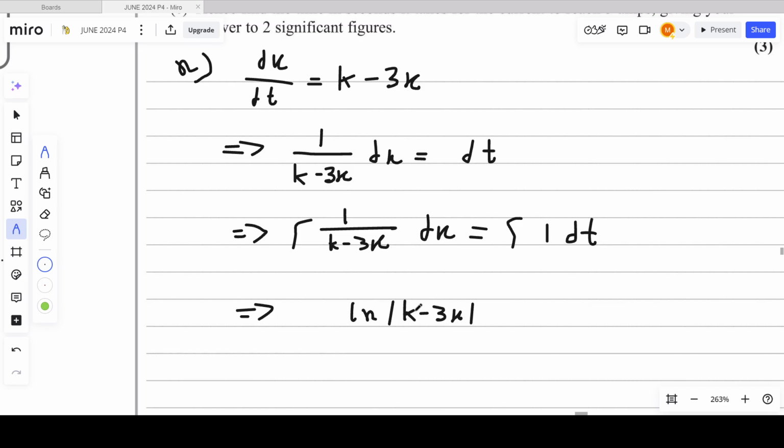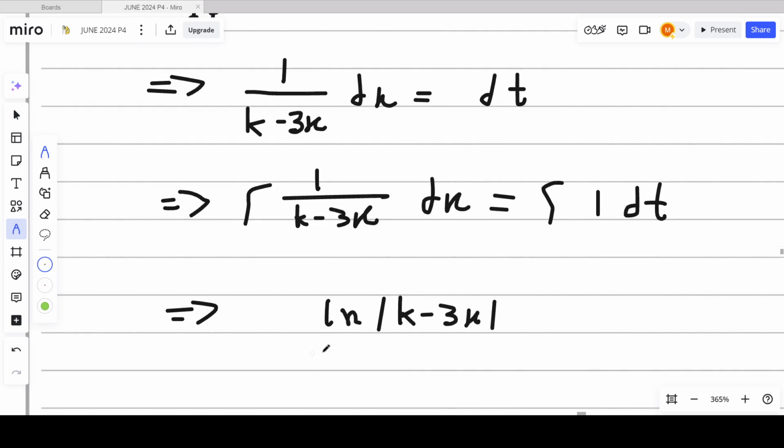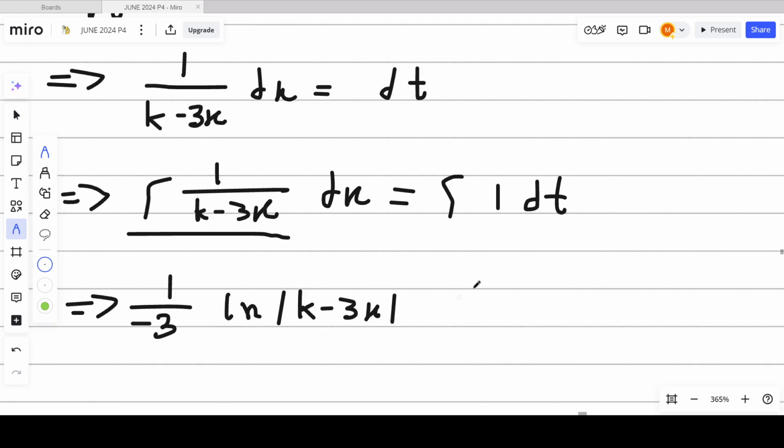Now it is the reverse chain rule. After integrating, we need to differentiate the part within the bracket, or here the modulus. If you differentiate the part within the modulus, you get negative 3. Then you divide by this derivative, and since the coefficient of this term was only 1, that should be 1 over negative 3.